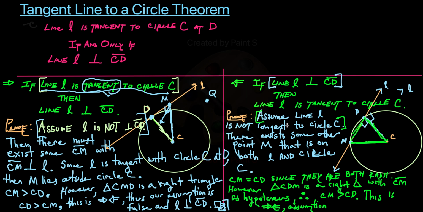My assumption was that line L is not tangent. And so L is tangent to circle C. And you're done.